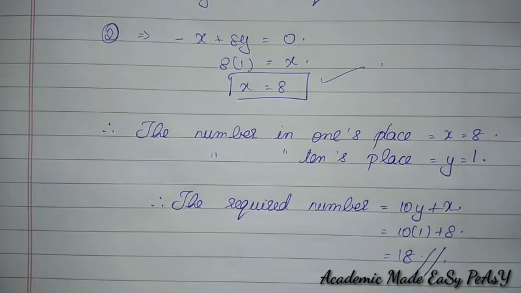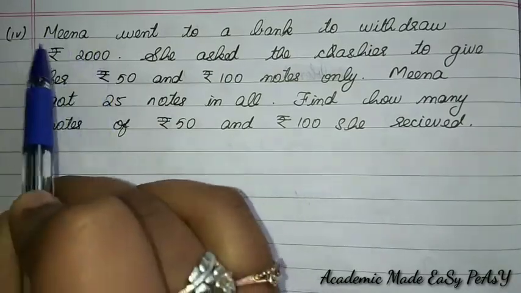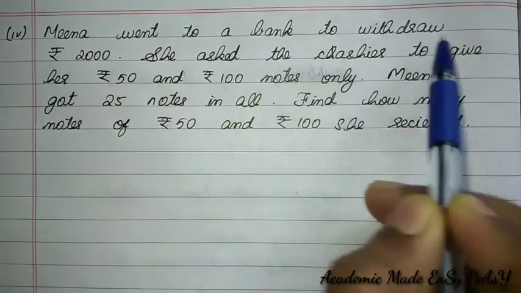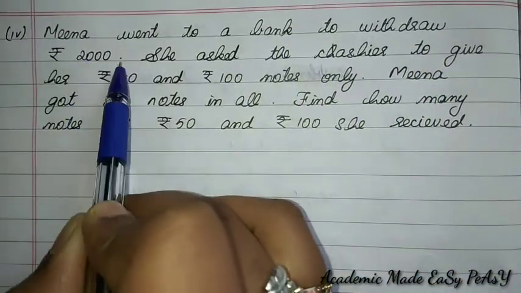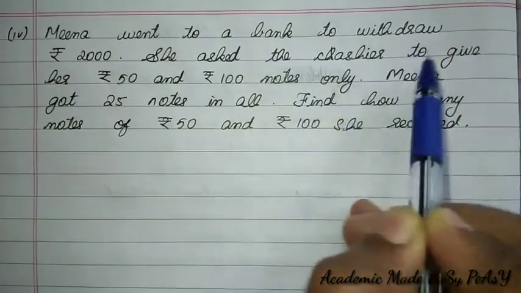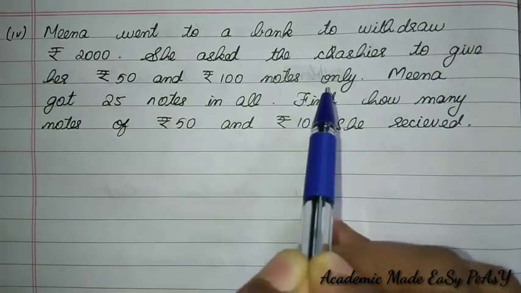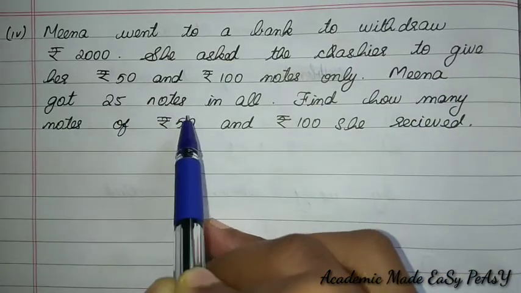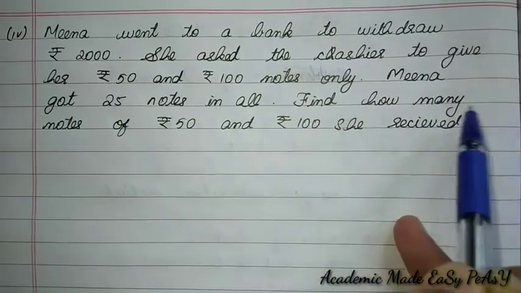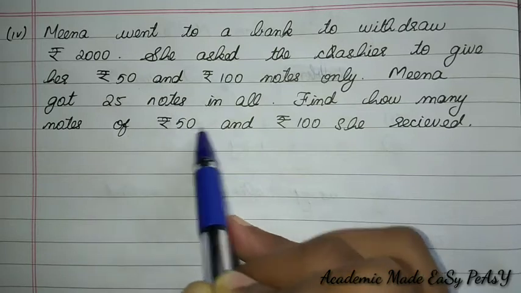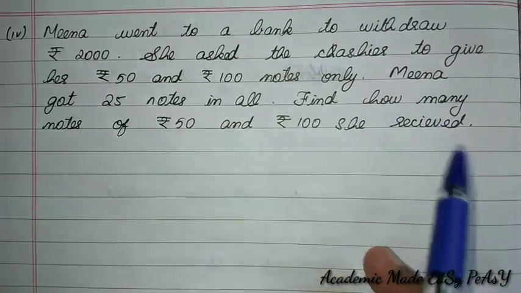That's it. Subdivision 4. Meena went to a bank to withdraw rupees 2000. She asked the cashier to give her rupees 50 and rupees 100 notes only. Meena got 25 notes in all. Find how many notes of rupees 50 and rupees 100 she received.